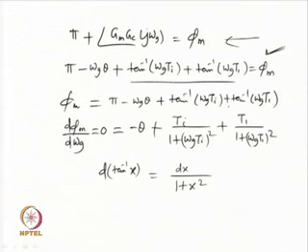The formula is very simple. So, the differentiation of tan inverse x is equal to dx divided by 1 plus x square.